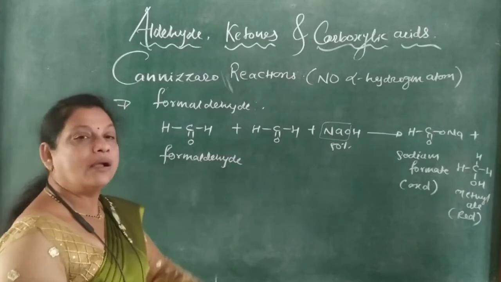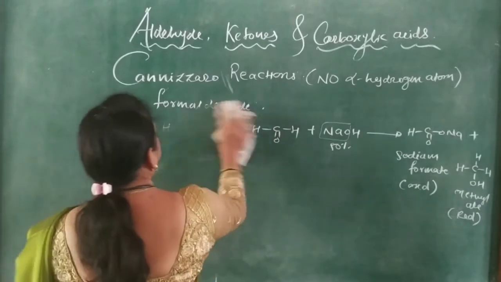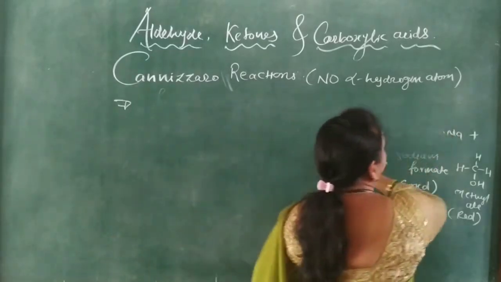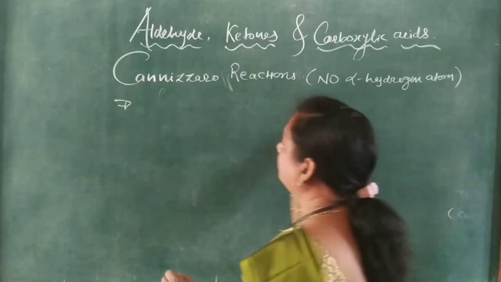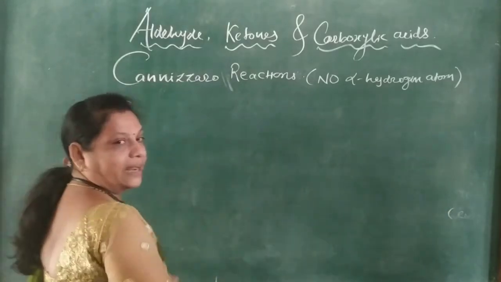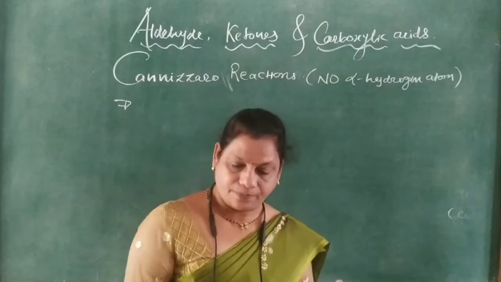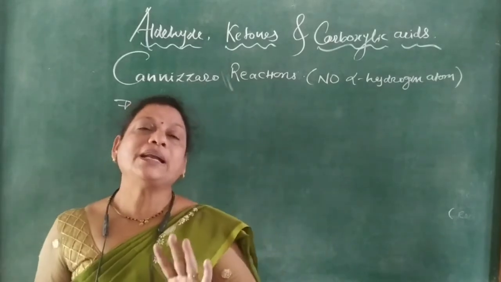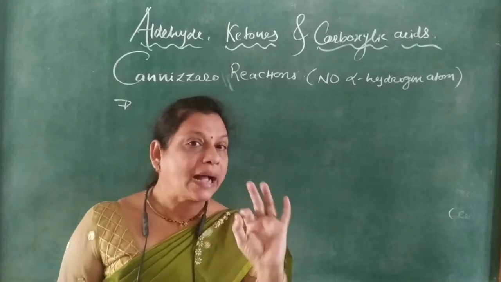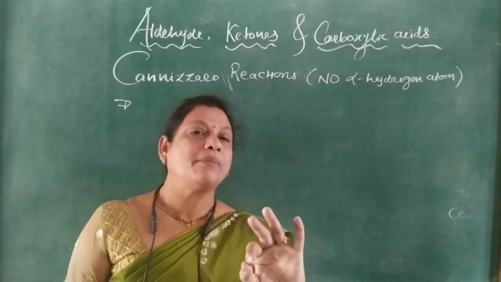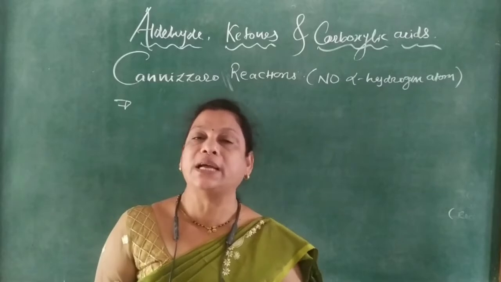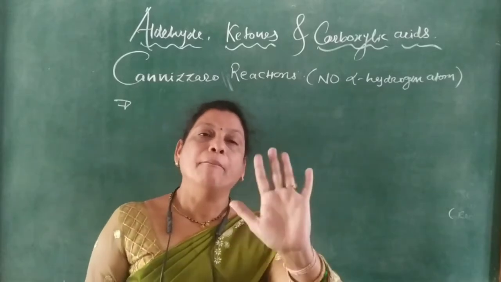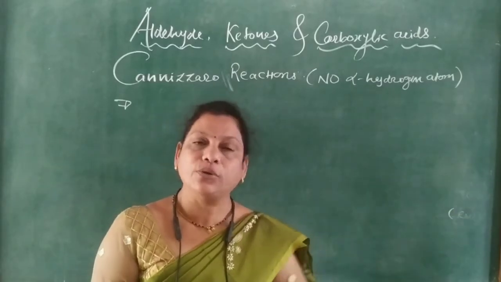Okay, next one, that is benzaldehyde. This is all about formaldehyde. Then the Cannizzaro reaction of benzaldehyde. Again, benzaldehyde is an aldehyde which doesn't contain alpha hydrogen atom. Even though benzaldehyde contains an alpha carbon, on the alpha carbon there is no alpha hydrogen atom, and that's why benzaldehyde shows the Cannizzaro reaction.